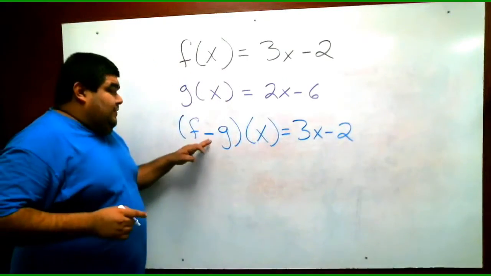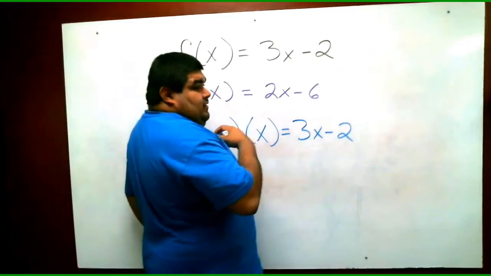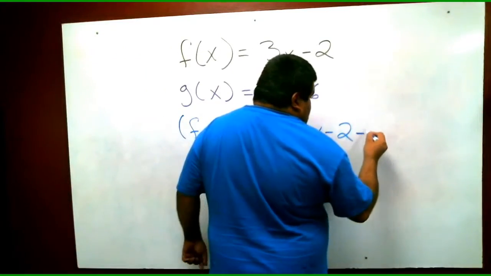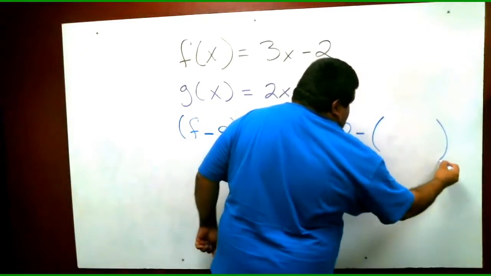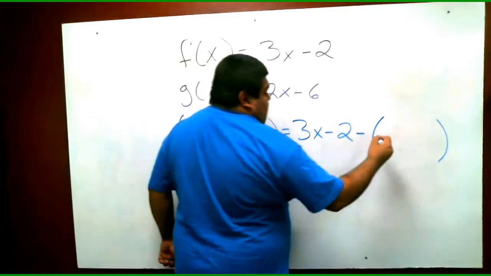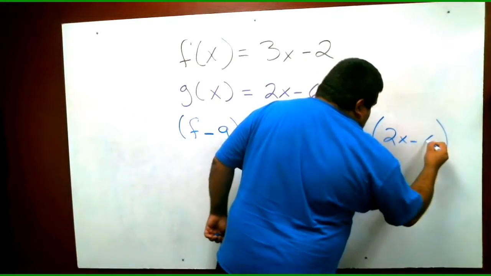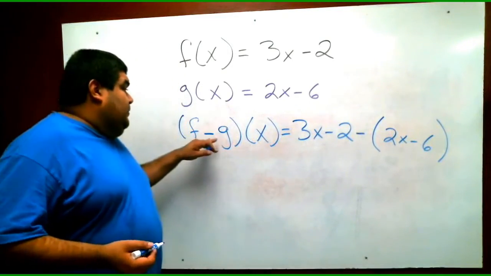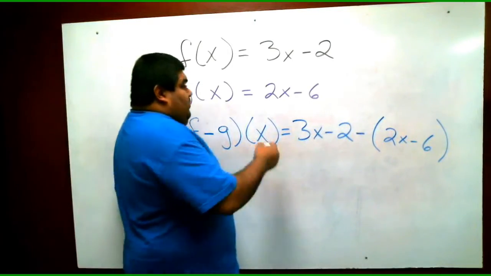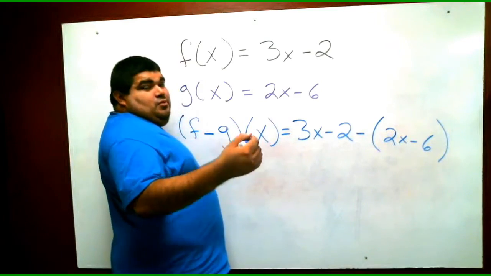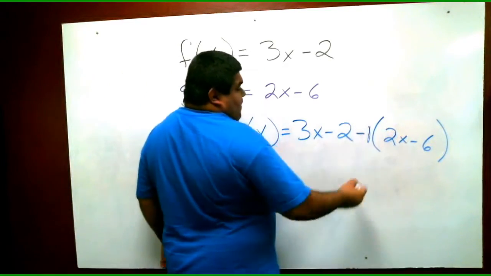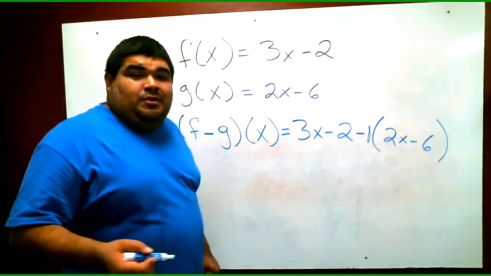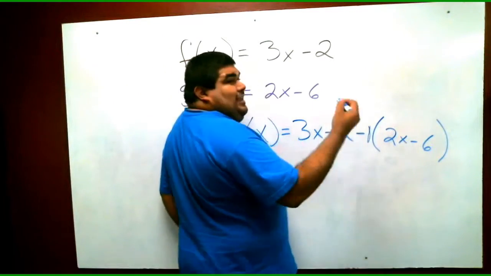Since we have a negative in there, I like to always do this, minus parentheses the bottom number. Because that's telling us that since it's subtraction, we have to multiply everything, or distribute by negative 1, to the second equation.